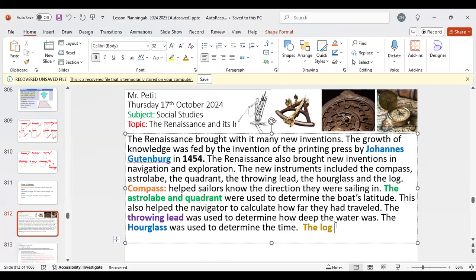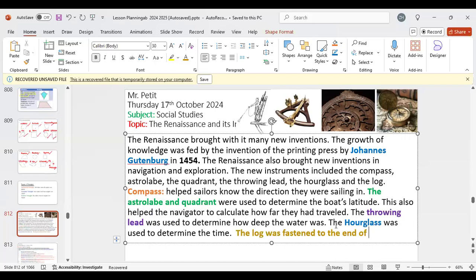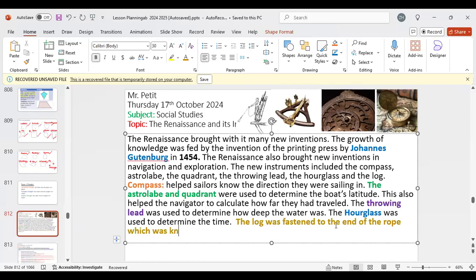The log was fastened to the end of the rope, which was knotted at even spaces to measure distance.